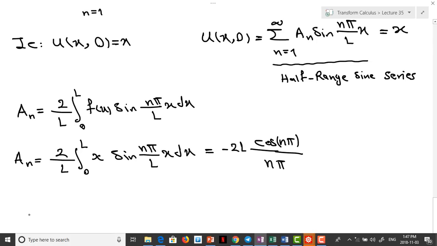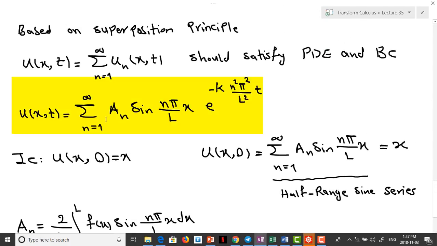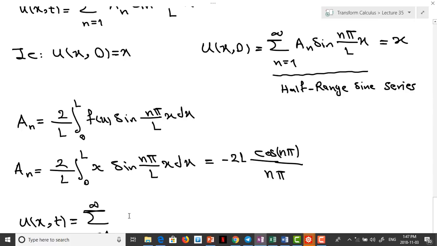So in fact, u of x and t is equal to summation of n from 1 to infinity. We had u of x and t as summation of an sine n pi over lx times e to the power of minus k n squared pi squared over l squared times t. Here we found an, so I just plug it here.